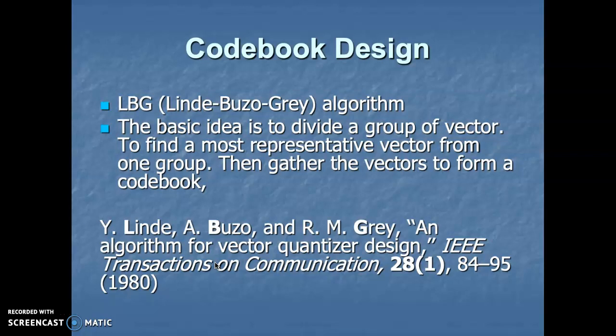Okay, so the importance of vector quantization is the codebook design. There are different types of algorithms to design the codebook, depending on how you want to index and how you want to design your codebook.